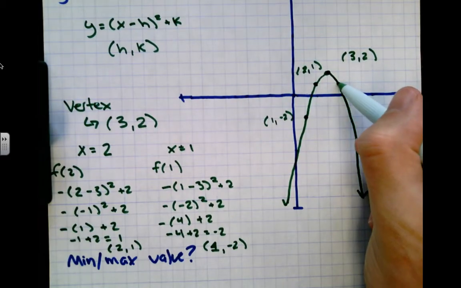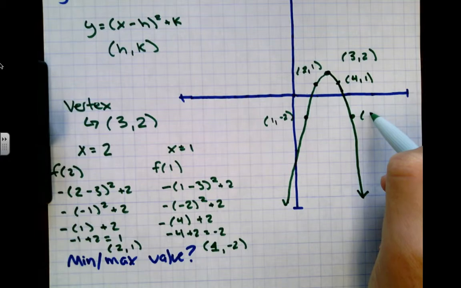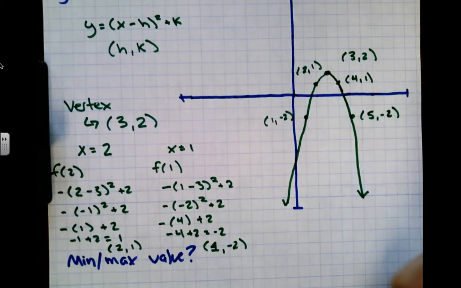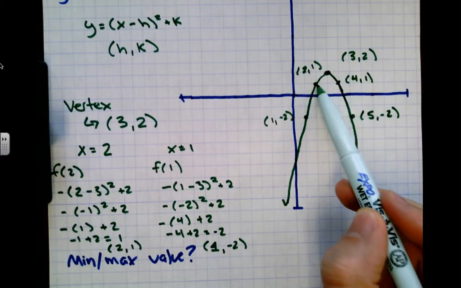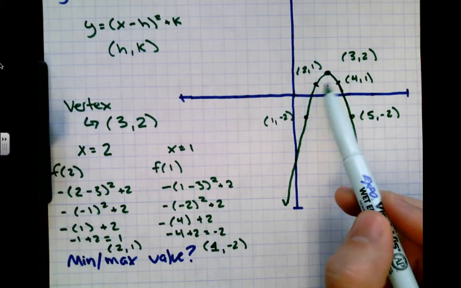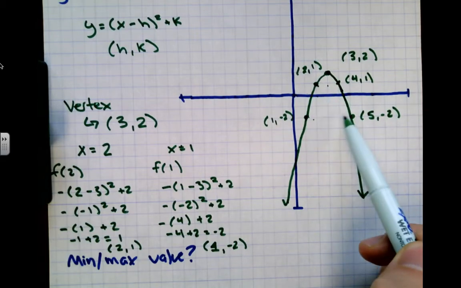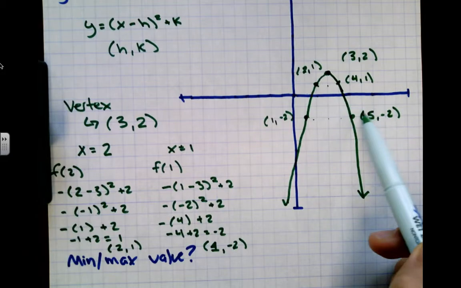Now, if you went the other way, you should have found the points 4, 1 and 5, negative 2, because these points are both 1 away from the vertex in terms of x. This is 1 away, this is 1 away. Their y value should be the same. These two are 1 value away from the axis of symmetry, so their y values should be the same.